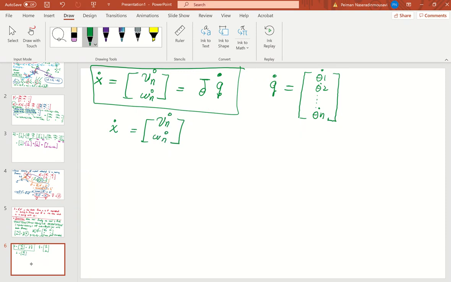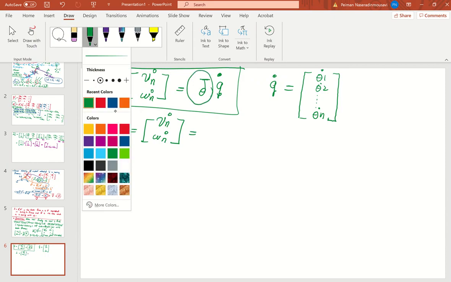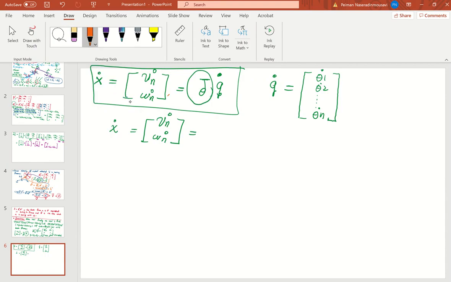Now you can decompose this J, the Jacobian matrix, in this form: J of linear velocity, J of angular velocity, times Q dot. See? Here we go.